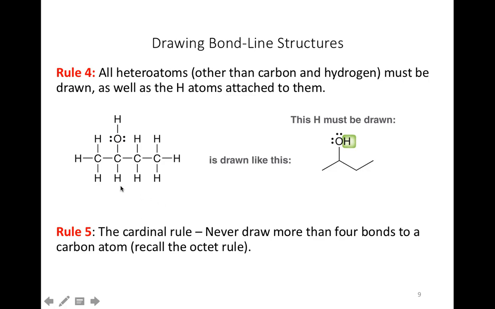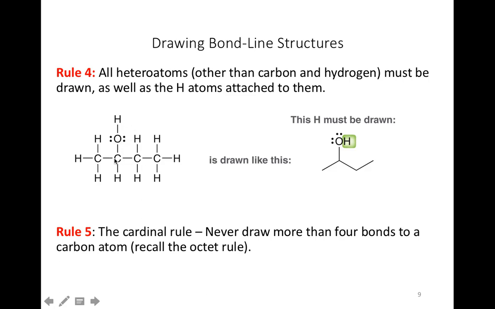Now, while we don't show carbons and we don't show hydrogens that are attached to the carbons, all heteroatoms, and heteroatom means just anything other than carbon and hydrogen, we must show those. Any carbons that are attached to them we don't have to show, but any hydrogens on the heteroatoms we also have to show.